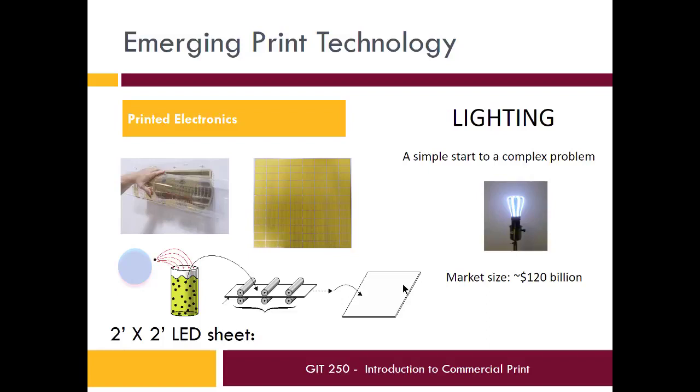You may not think about it, but the lighting industry is a huge industry. And if you could replace overhead fluorescent lights with just a wallpaper that emits light, that's going to save a lot of material costs, heat, energy, and make things easier to move and change up. Graphics and billboards that have their own light built in, instead of extra lighting shining on them, are much more efficient in a lot of different ways. So there's a lot of potential there.